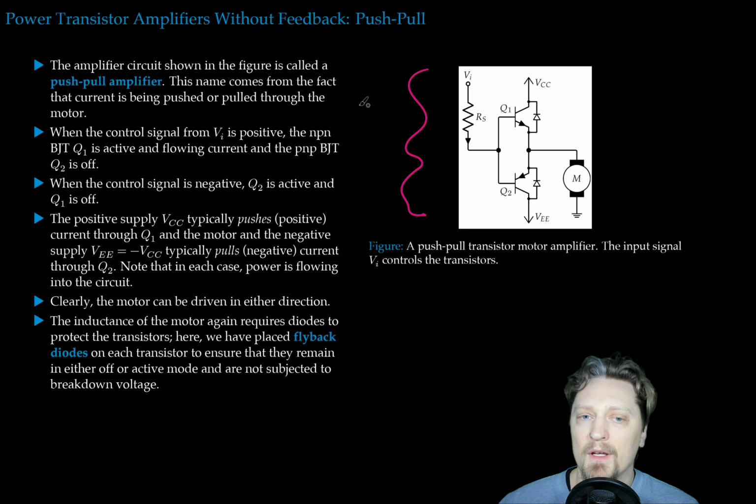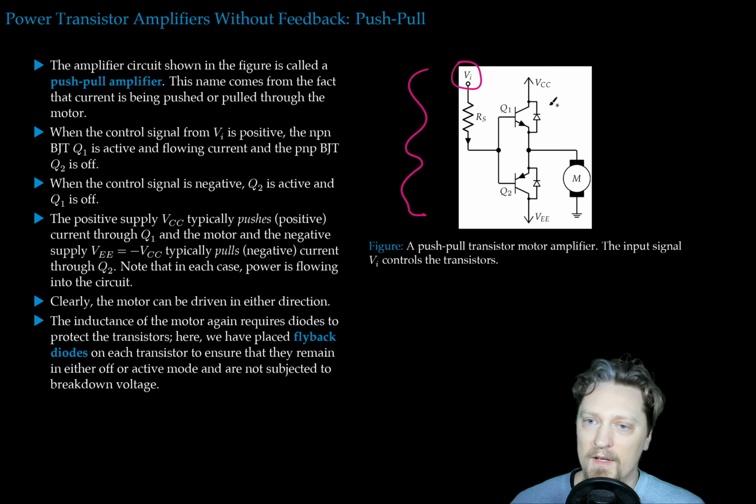When the control signal from VI is positive, the NPN BJT Q1 is active and flowing current, and the PNP BJT Q2 is off. So VI is controlling both of these BJTs, one of them NPN, one of them PNP.